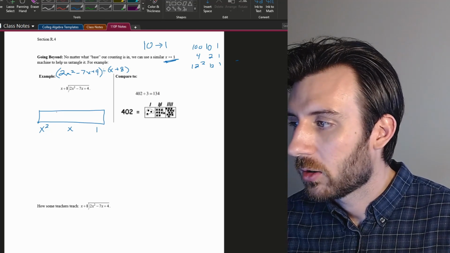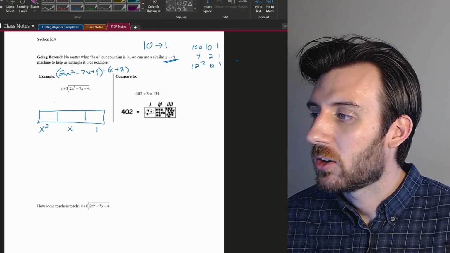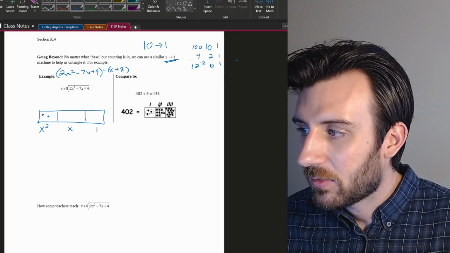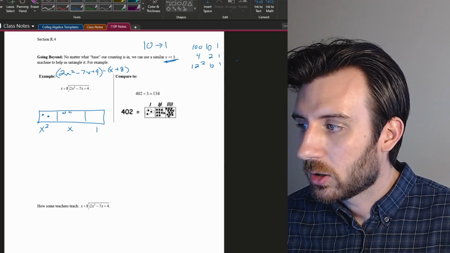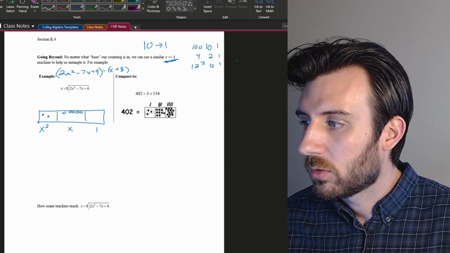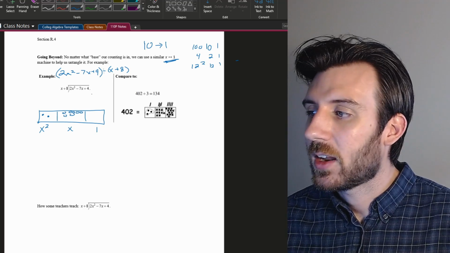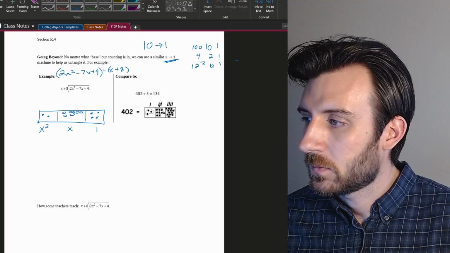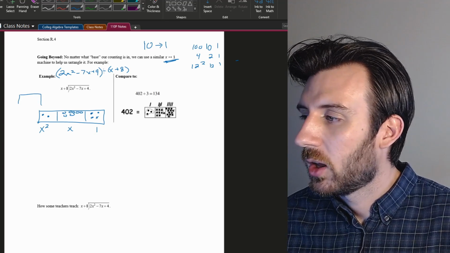So that'd be our x squared. Then we have 2 of these x squared, so we'll put 2 of them. I have 7 opposites of x, we'll put in 7 of these circles, 4, 5, 6, and 7. And then I have 4 in my ones category. And I'm trying to find groups of x and 8.